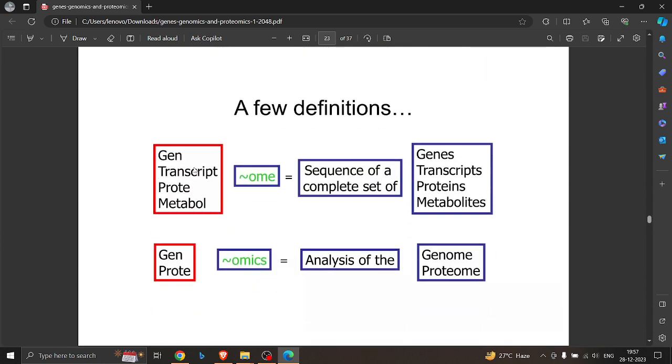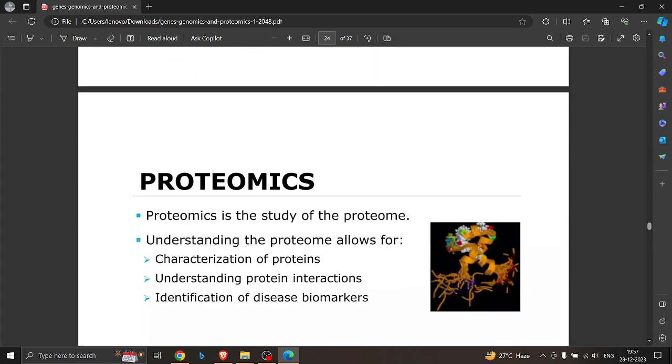So a few definitions: gene, transcript, protein, metabolite. The sequence of the complete set of genes, transcripts, proteins, metabolites. Gene prot, that is the analysis of genome and proteome. So proteomics is the study of the proteome.